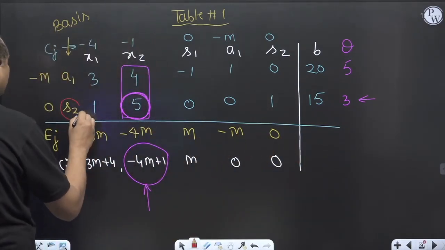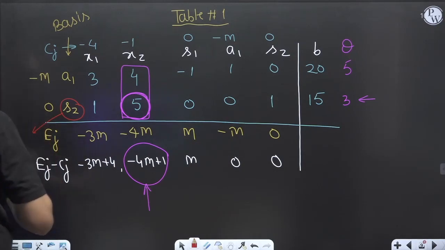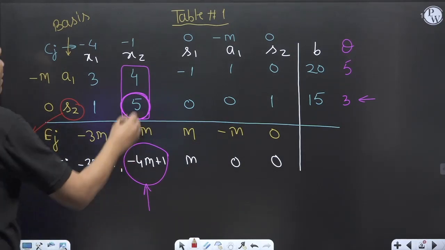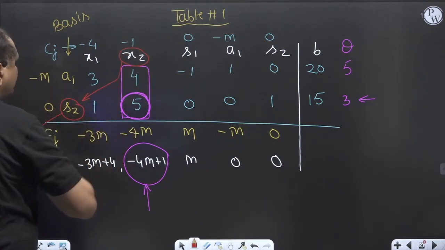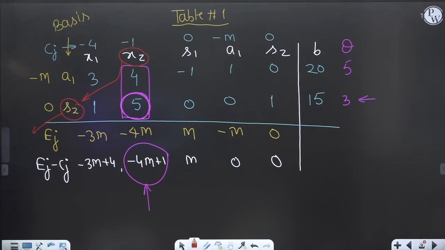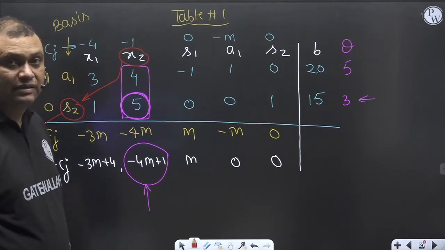The decision is S2 will leave the basis and in place of that X2 will come. Correct na?